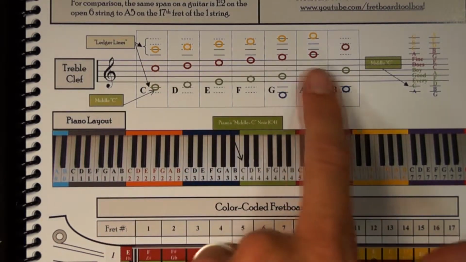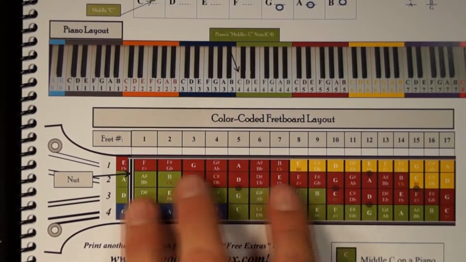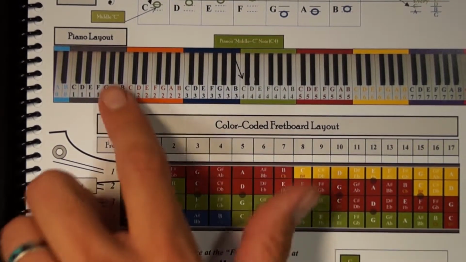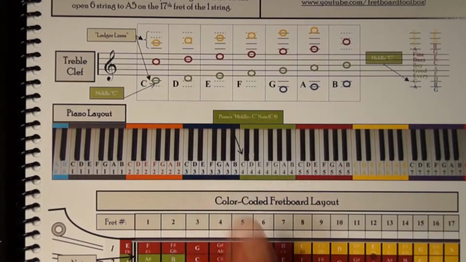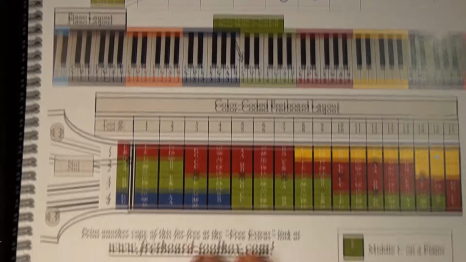But I needed to know which octave I would be in. So I've got the color coding on the fretboard layout that matches the color coding on the piano, that matches the treble clef. Let me show you how it works.